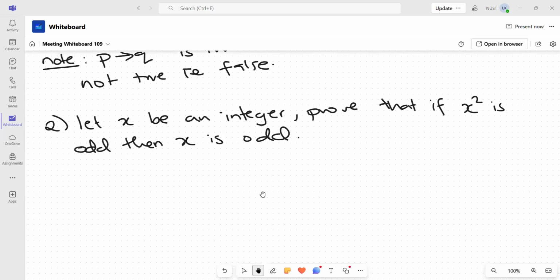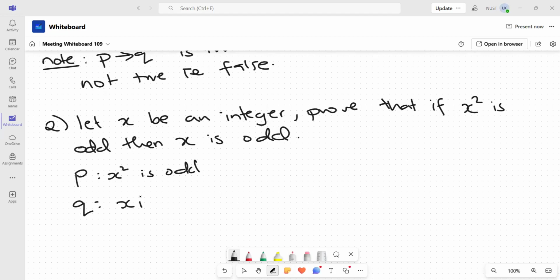If you have x, which is an integer, how can we prove that if x squared is odd, then it means that x is odd? So it might be tricky or difficult to actually prove P implies Q here. So P is x squared is odd, and Q is x is odd. Okay, so that might be difficult to do, probably not impossible.